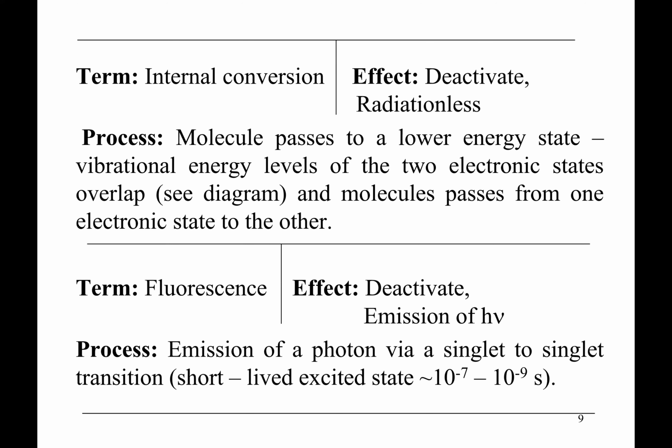The emission of a photon via a singlet to singlet transition is short-lived. This is the time scale of fluorescence: 10 to the minus 9 to 10 to the minus 7 seconds.